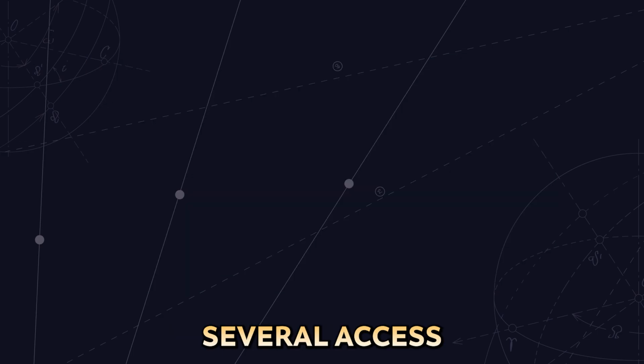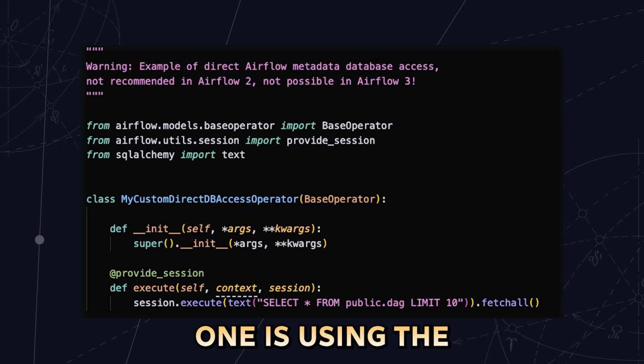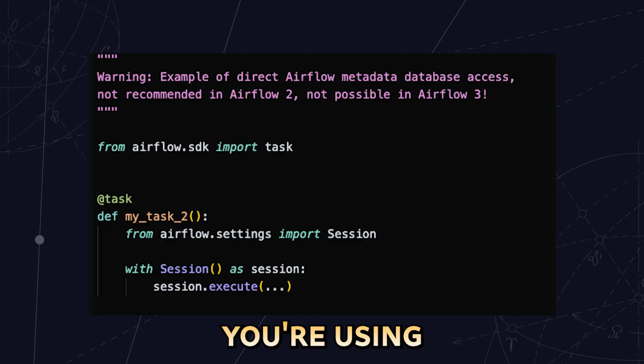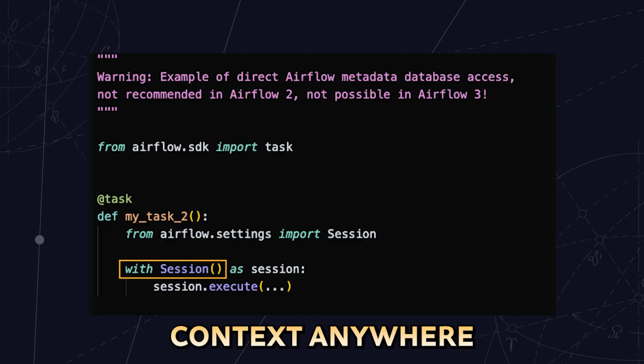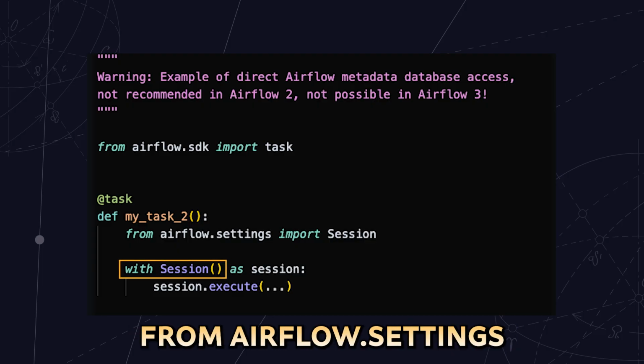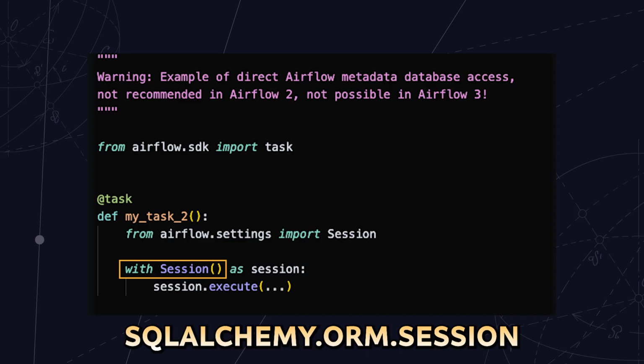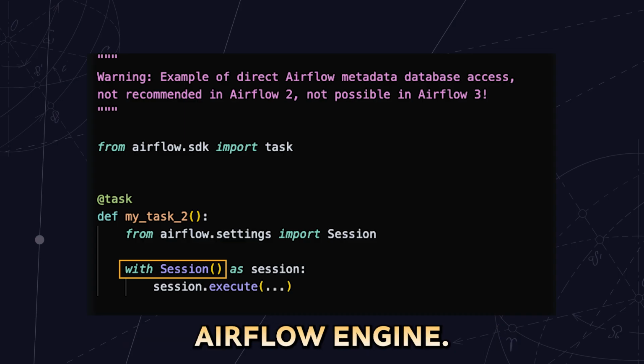There are several access patterns that you might need to refactor. The first one is using the @provide_session decorator from airflow.utils.session in a custom operator. Then you should check if you are using the session context anywhere imported from airflow.settings or the session object imported from sqlalchemy.orm.session to use it with the Airflow engine.